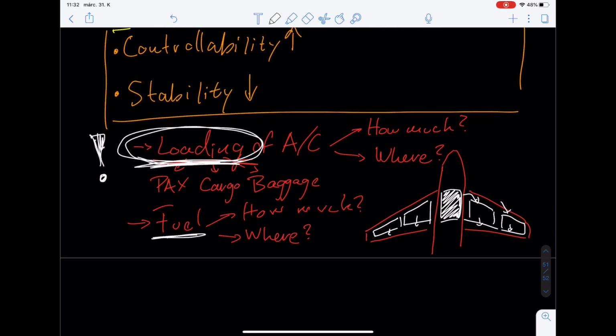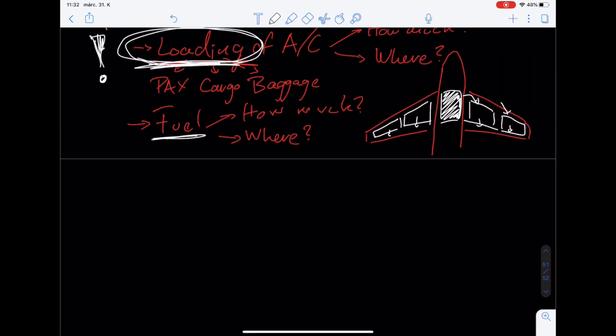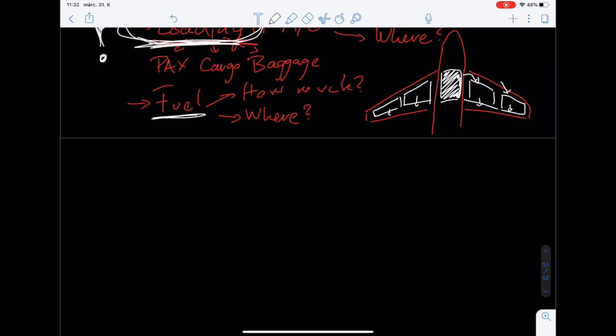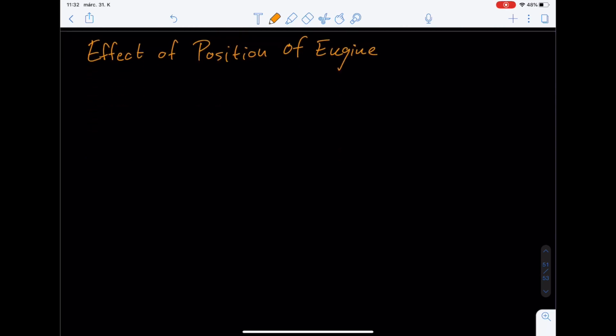One thing which we need to address in this area is the effect of engine position. So it's not only the center of gravity, that's the main thing. However, you saw that usually effective position of engine, or engine position would have been more correct, is that you're gonna see two main different compositions.